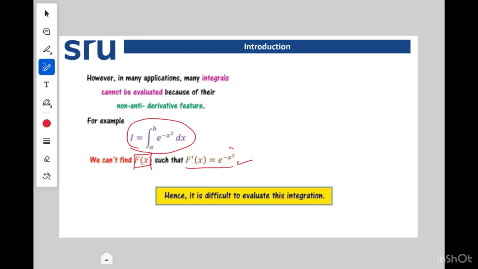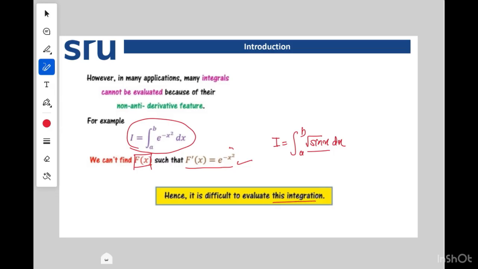Similarly, consider I equal to the integral from a to b of the square root of sin x dx. It is not easy to find any function F(x) whose derivative is the square root of sin x. Hence, it is difficult to evaluate the integral of such functions.